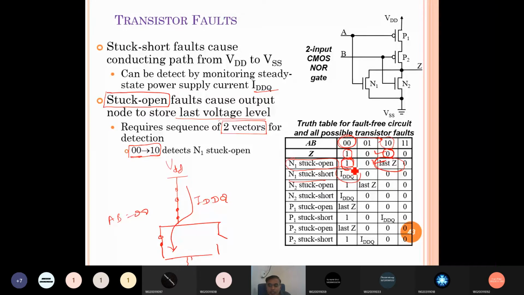The previous state is 1, so it holds the 1, which makes the faulty and fault-free outputs different, and through this we can detect the stuck-open fault in the transistor. Is it clear what the types of fault in a transistor circuit are, either transistor short or transistor open, and how to detect the stuck-short fault and the stuck-open fault in a transistor?